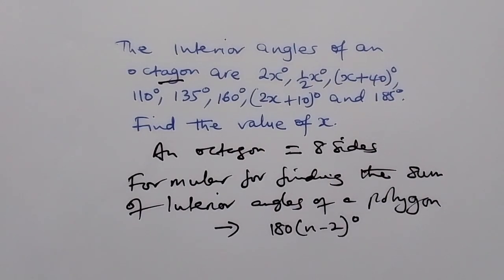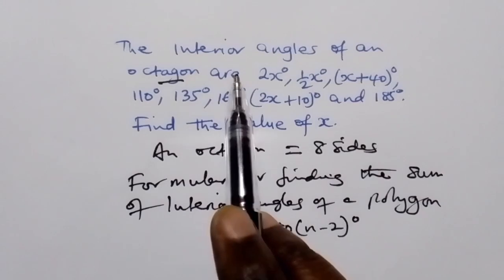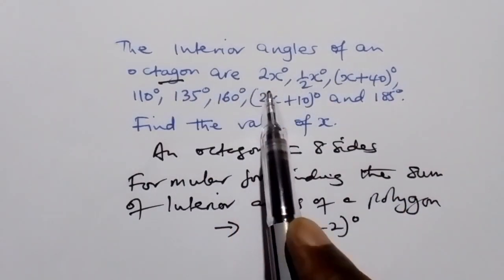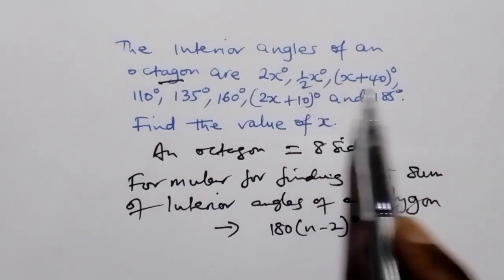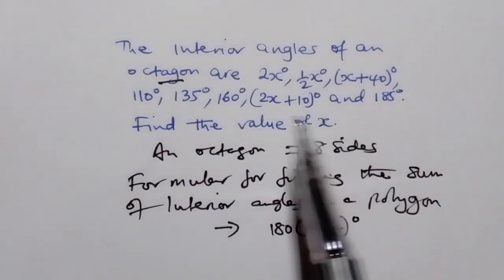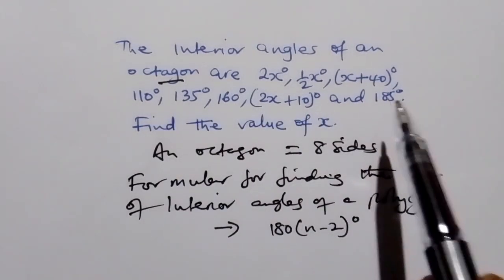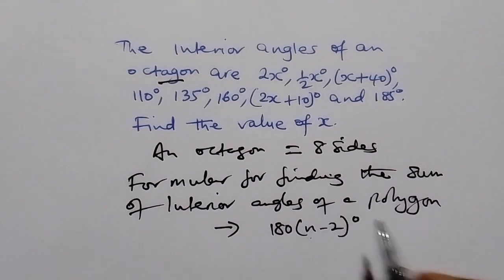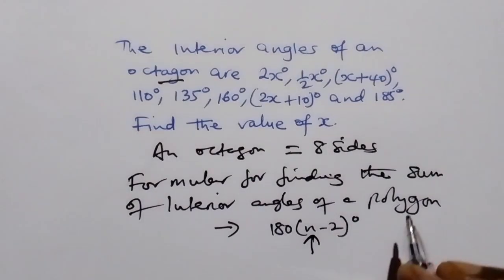So from here we are given the interior angles of an octagon, from 2x up to 185 degrees. It means that when we add all these angles, we are supposed to get 180 into bracket n minus 2 degrees, and in this case n is equal to 8.